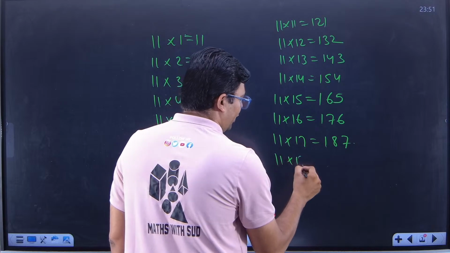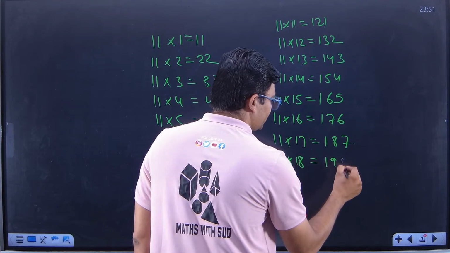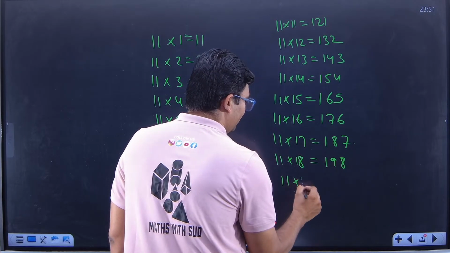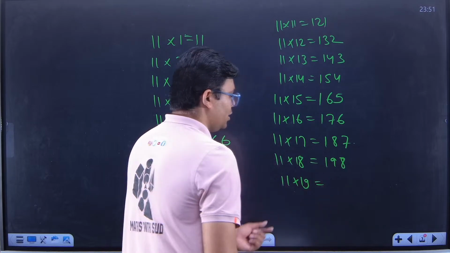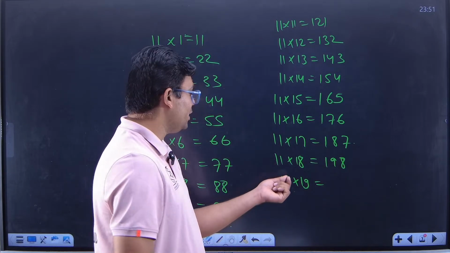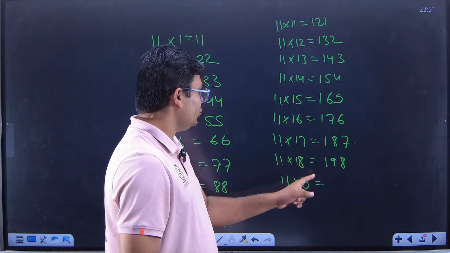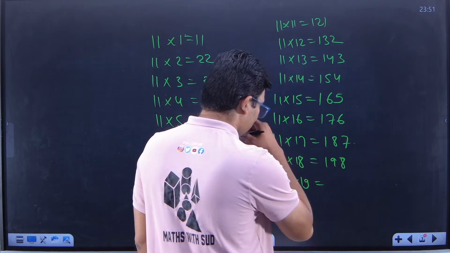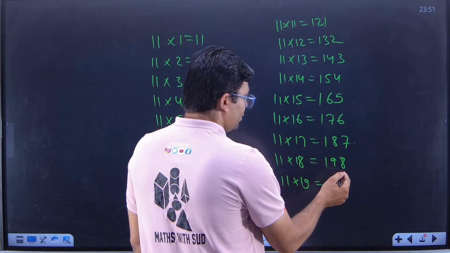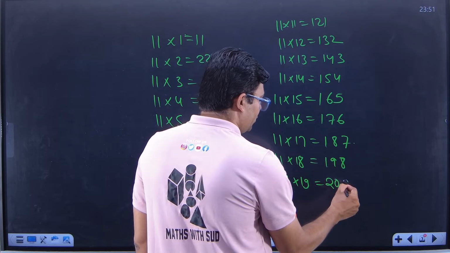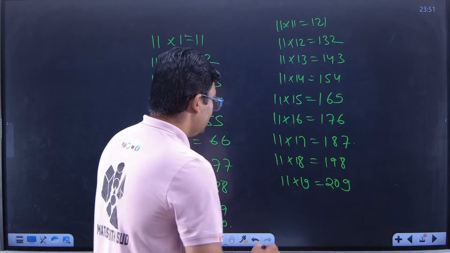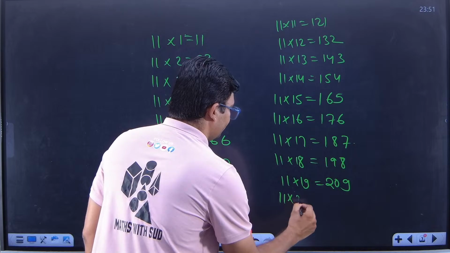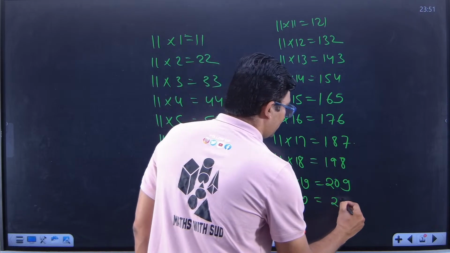Then 11 into 18: 1 plus 8 is 9. 11 into 19: 1 plus 9 is 10. Now how to do that? Instead of that 10, you put 0 and carry 1 over here. So it will become 209. Then 11 into 20 is going to be 220.